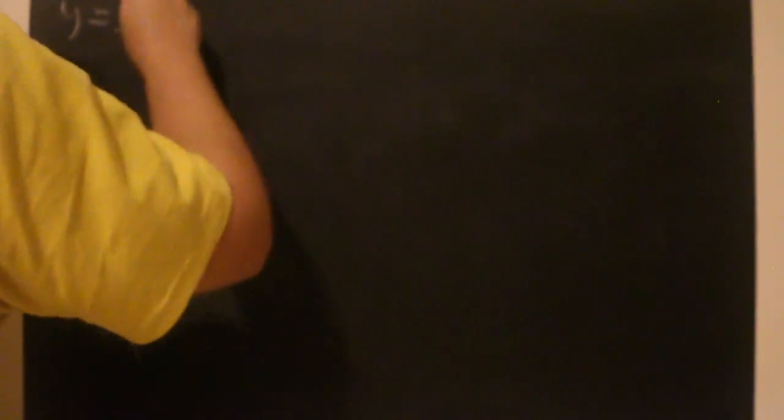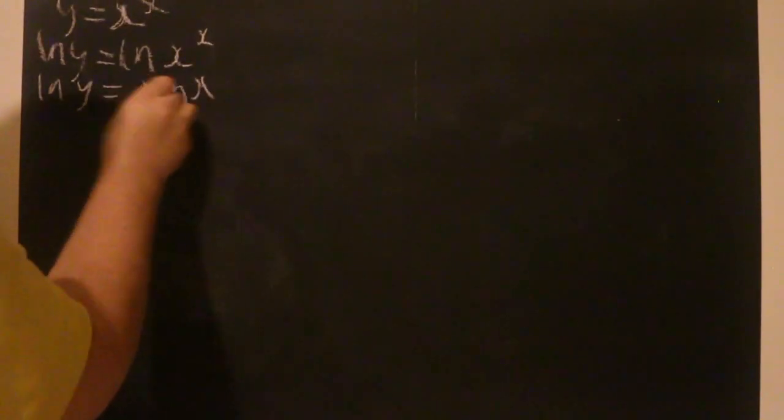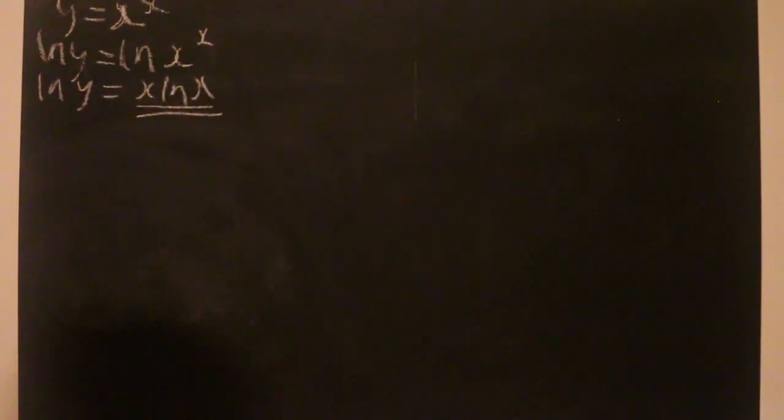To consolidate your learning, let us look at an example. y is equal to x power x. So as we said, we take natural logs of both sides. We use the log rule to bring down the x. As you can see, the x is multiplied by the ln x, so we have to use the product rule.